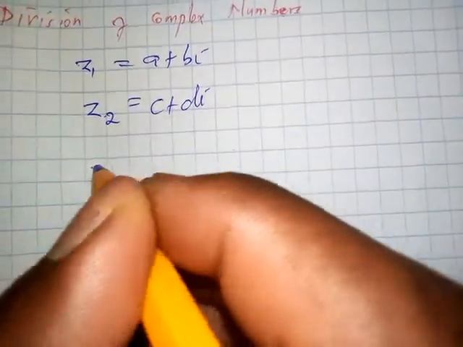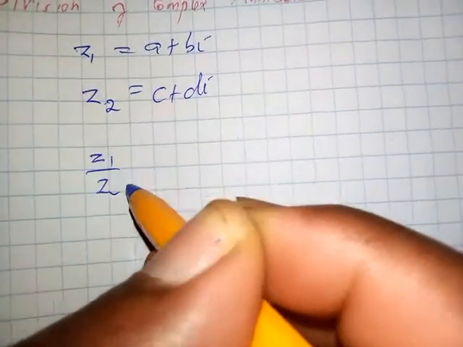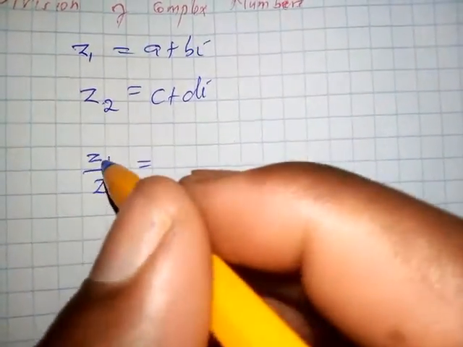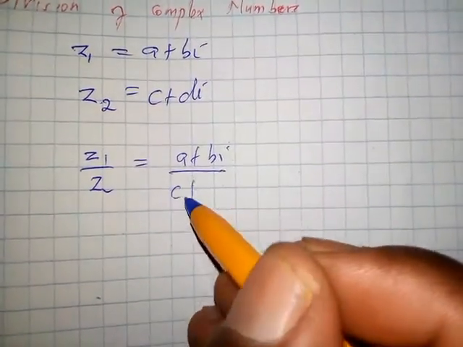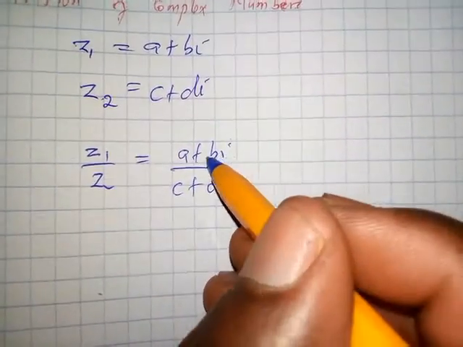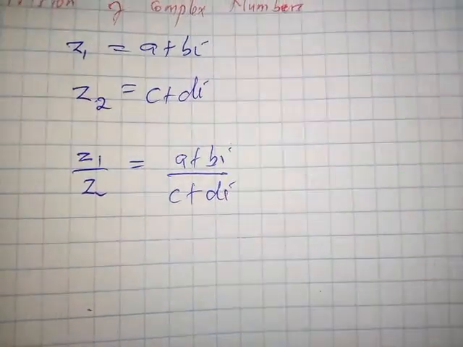So z1 over z2 is equal to a plus bi over c plus di.